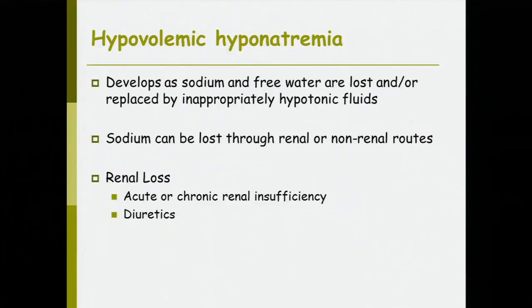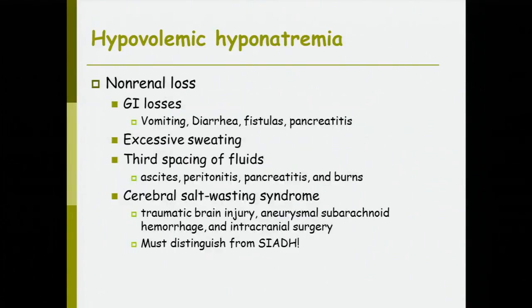You have loss of sodium and free water replaced inappropriately by hypotonic fluids such as water in your bottle. Sodium can be lost with renal losses or extra-renal losses. Renal losses, the biggest one is diuretics. Extra-renal losses are GI losses, excessive sweating, third spacing of fluids, or cerebral salt wasting.